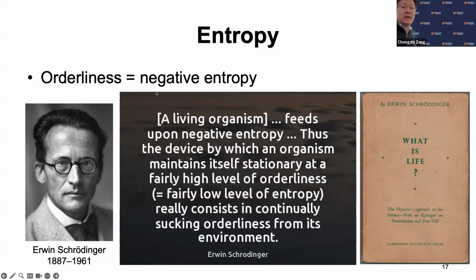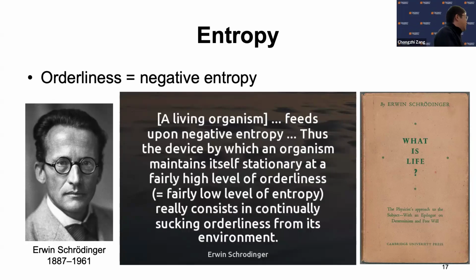So the main concept in the entire book, What is Life, proposed by Schrödinger, is that orderness is an important thing for all living systems. And the orderness can be quantified or measured by negative entropy.